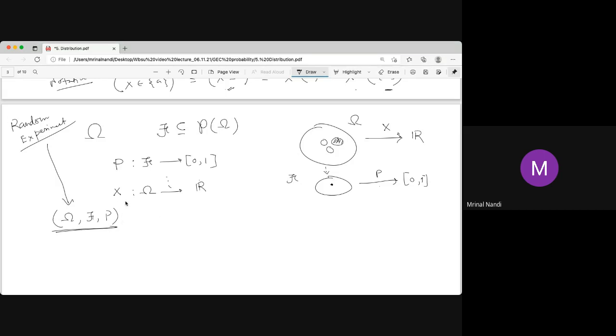And this X is not only taking an element of omega to R. It is a function which takes every element of omega to an element of R, and every subset to a corresponding Borel sigma algebra, and there must be a corresponding version of this probability on the real numbers.